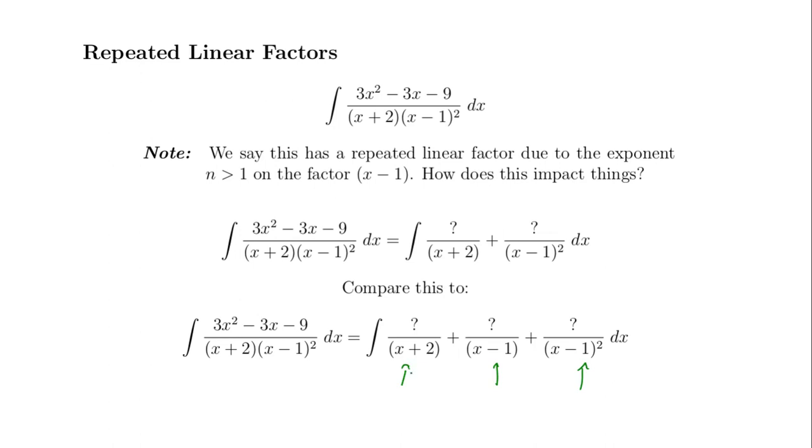We could say that this is some combination of three different fractions, all with unique denominators. So let's account for the possibility of this term in the middle, this linear x minus 1, and we'll figure out what's going on there.